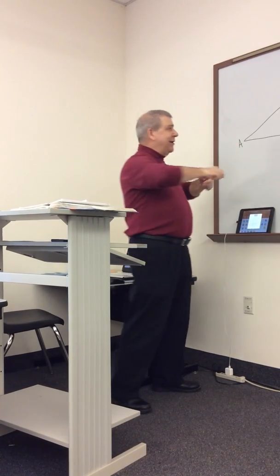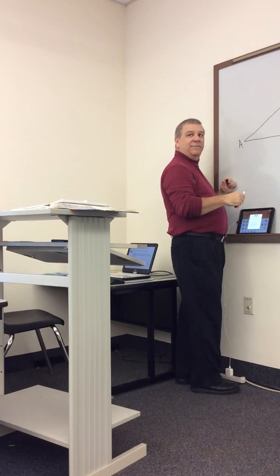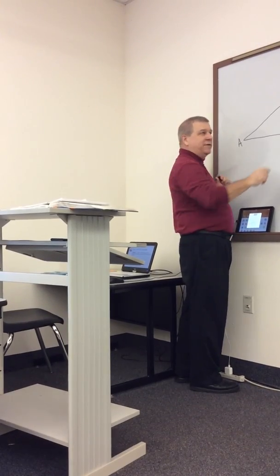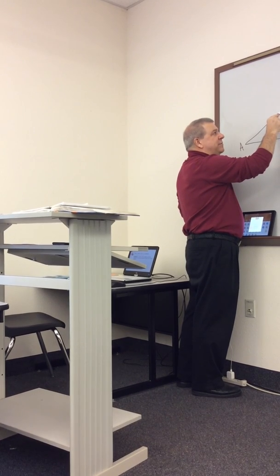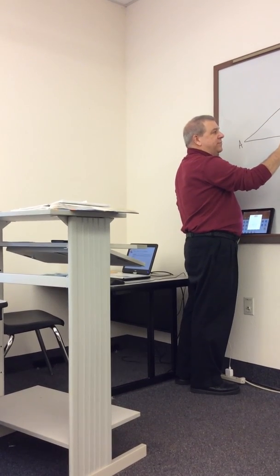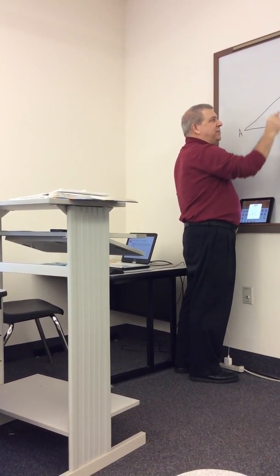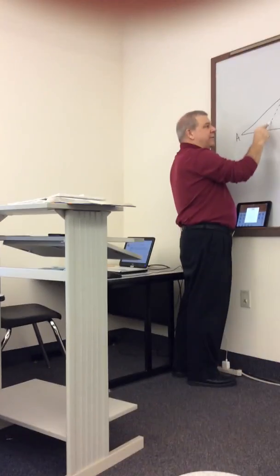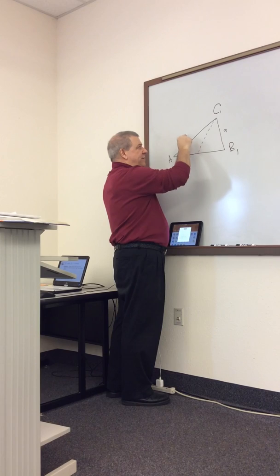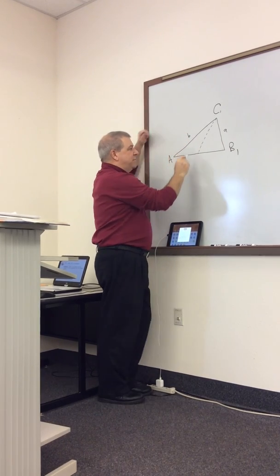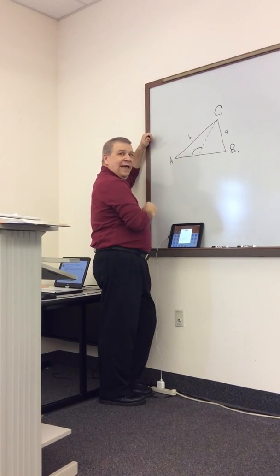Now, are you all clear how you mark everything else now? You have to have it all marked. That's B sub 1. Well, then we have that. This is side A. This is side B. What's that?